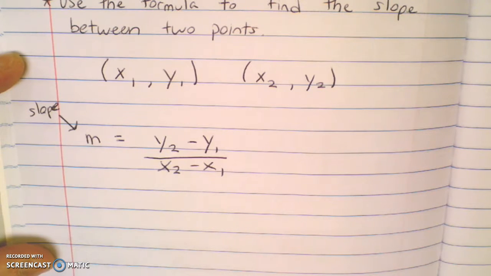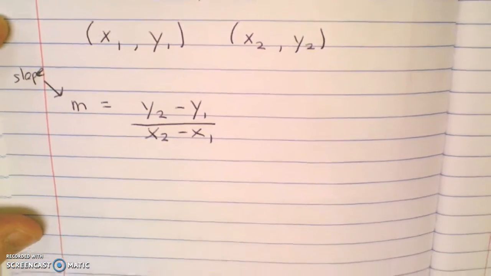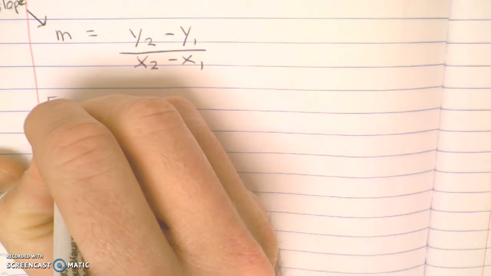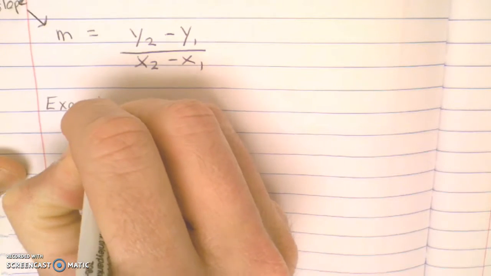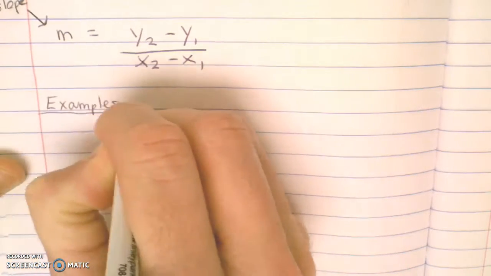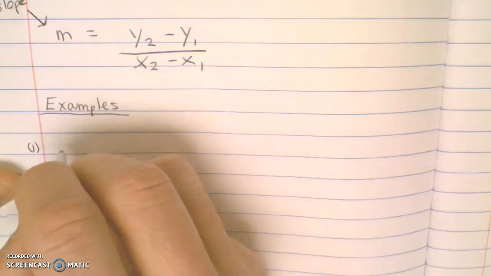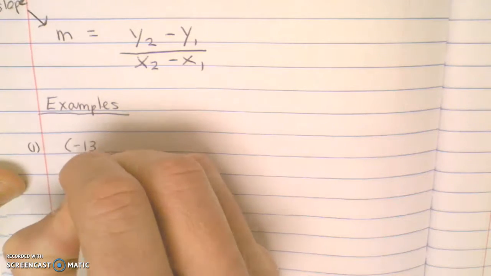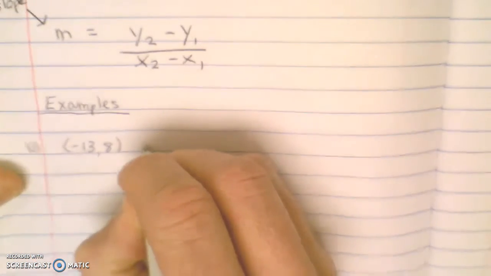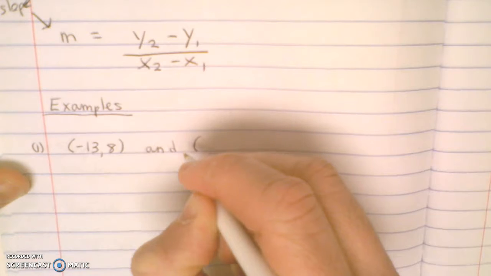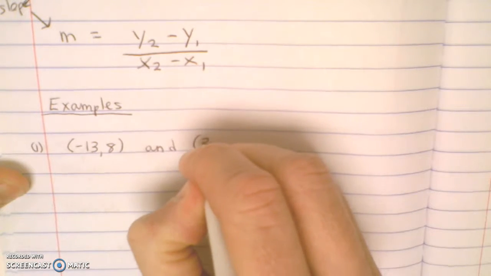So let's take a look at some examples. Let's say I gave you the coordinates negative 13, comma 8, and 3, comma 12.